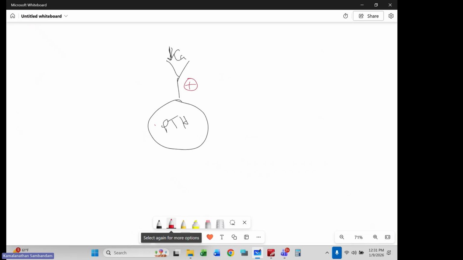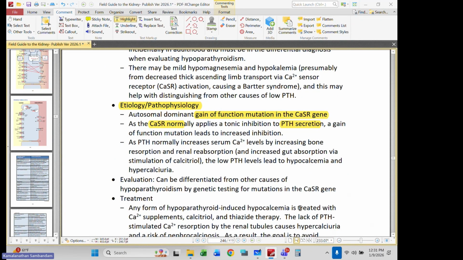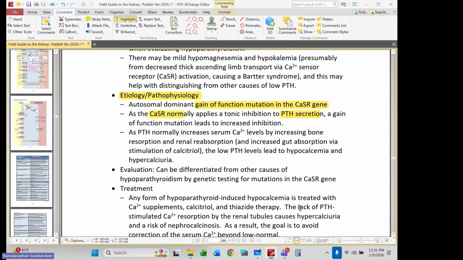That stimulation will lower PTH release. And so these patients will have low PTH and hypocalcemia. Okay, low PTH and hypocalcemia. So again, calcium sensing receptor is a master regulator of PTH, which is a master regulator of serum calcium.